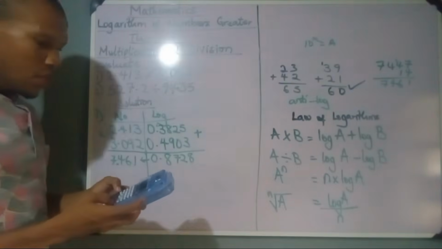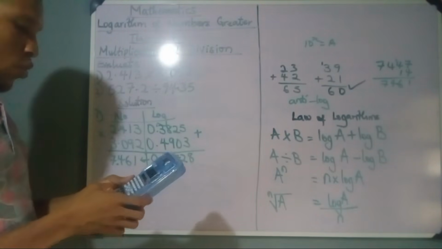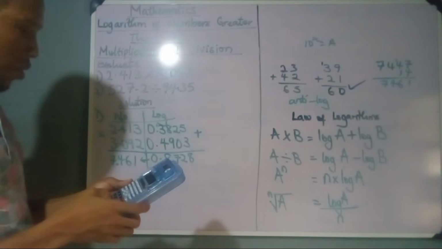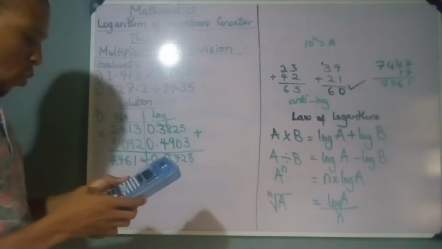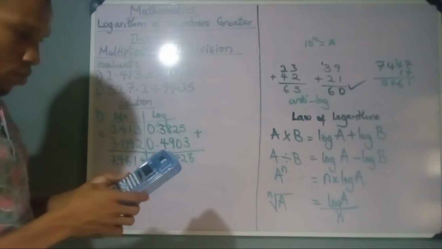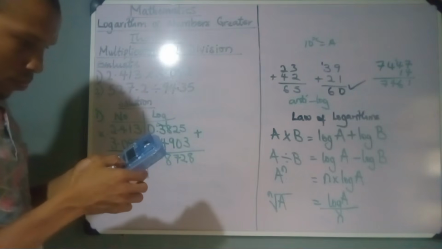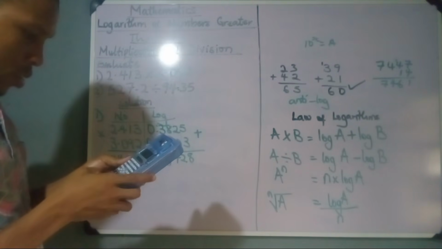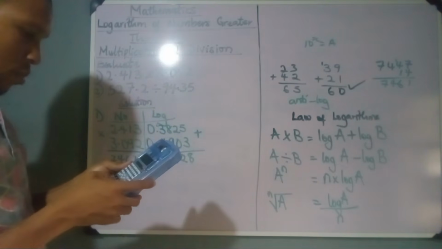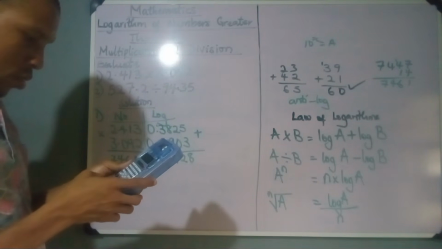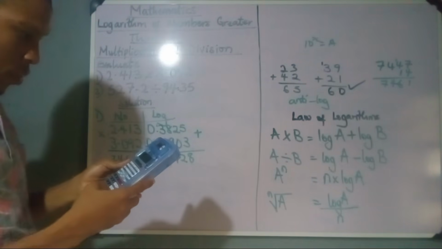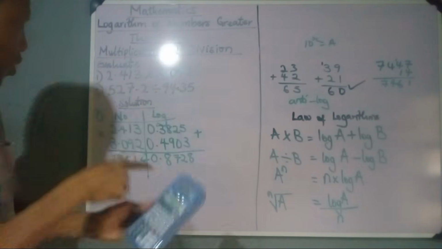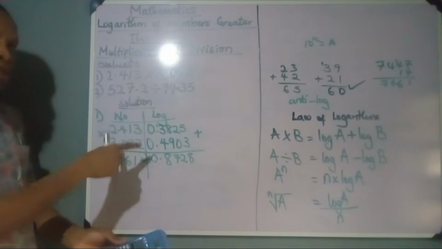So let's use this. 2.413 times 3.092. Okay, so that gives us 7.4609, which is approximately 7.461.